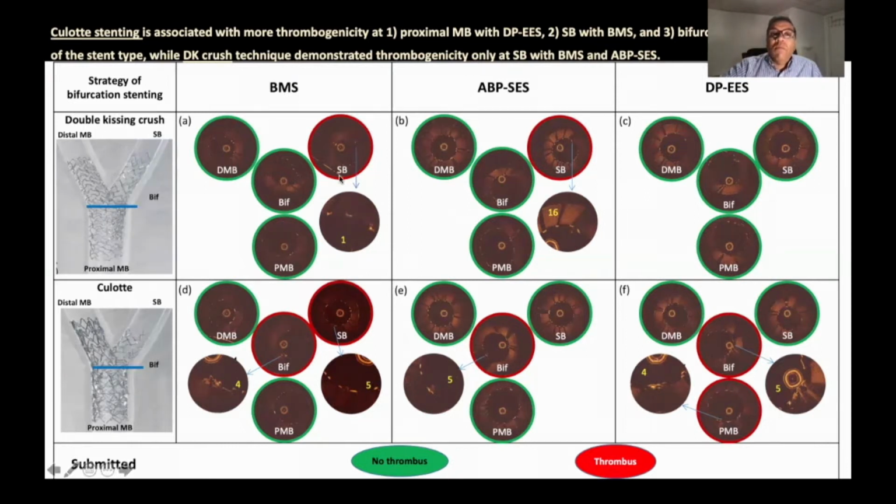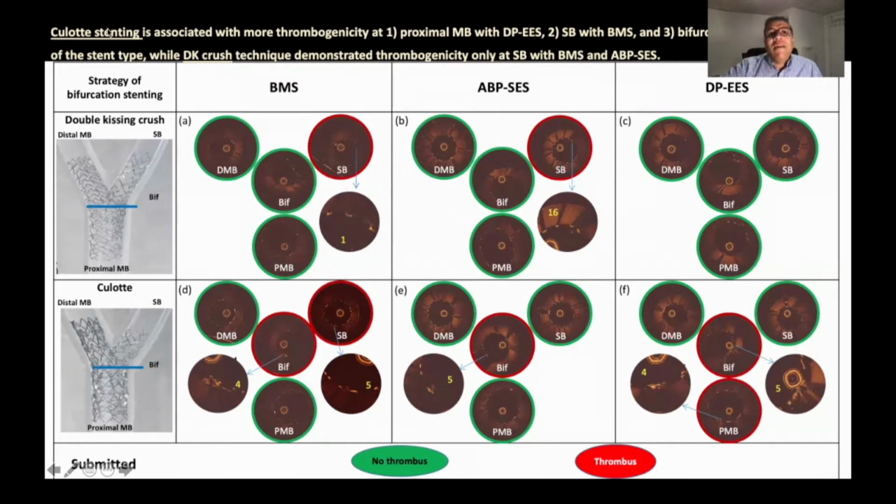We see many less in the DK crush arm. Of course, it's obvious for you as well to see that the DK crush thrombosis occurs mostly in the side branch portions of the model, and in the DK crush remains mostly at the bifurcation, but also in the side branch, but the rest of the models do have thrombi right at the bifurcation.